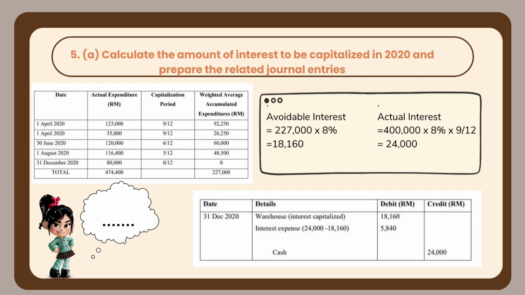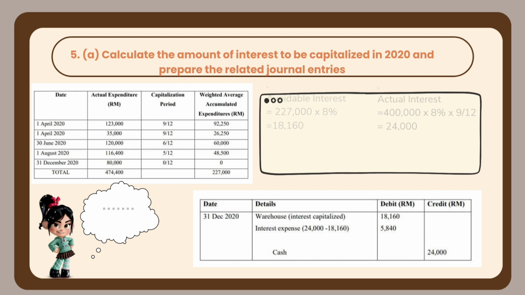To calculate actual interest, 400,000 times 8% times 9 per 12 and get 24,000 ringgit. For journal entries, warehouse is debit, which is 18,160 ringgit. Interest expense also debit 5,840 ringgit. Cash credit 24,000 ringgit.